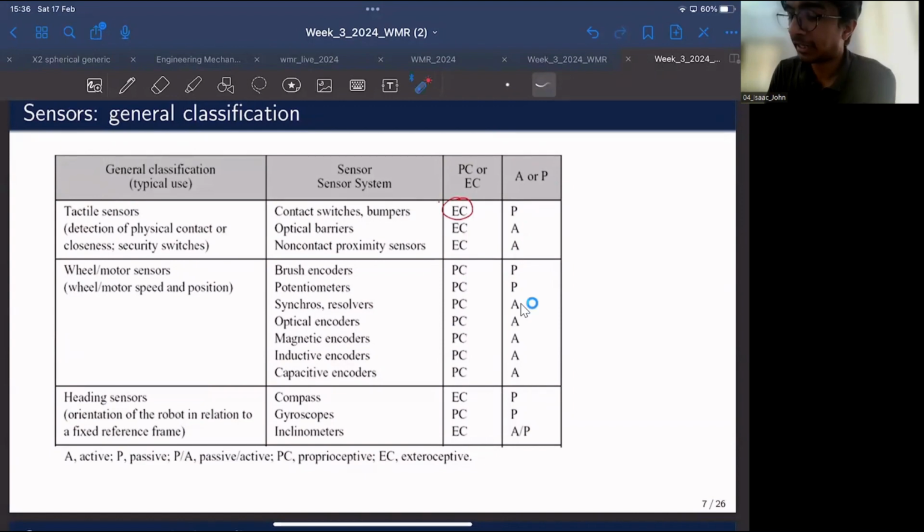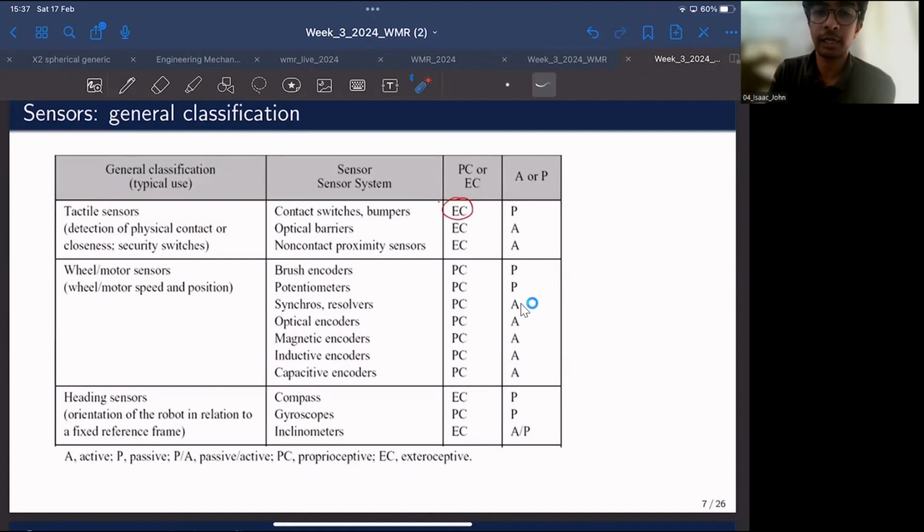So for example, tactile sensors, without any doubt, you can actually see that all sorts of tactile sensors, whether passive or active, everything comes under exteroceptive sensors. Whereas in the case of wheel motor sensors, to identify the angular velocity or angular position of the wheel, those things basically measure attributes that are internal to a system.